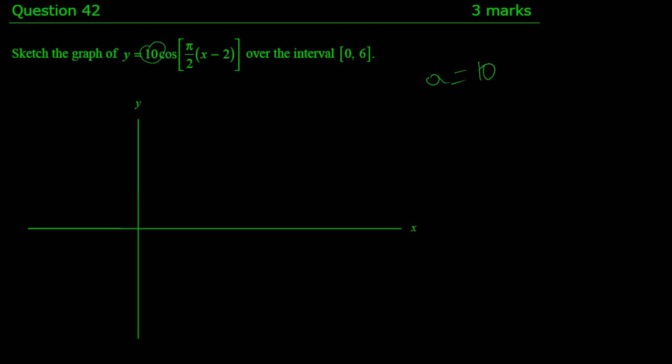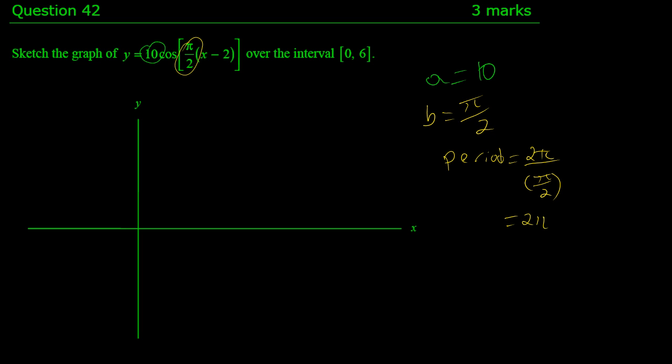The next constant is b, which is pi over 2. Now b by itself doesn't tell us a whole lot, but we can use b to find the period. The formula for the period is 2 pi divided by b. So 2 pi divided by pi over 2.